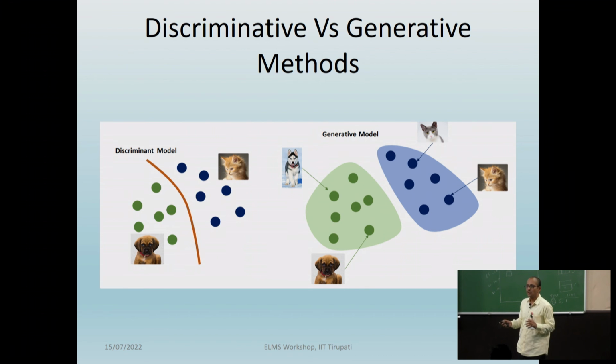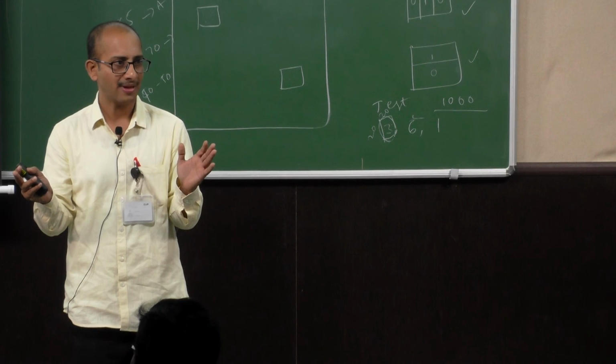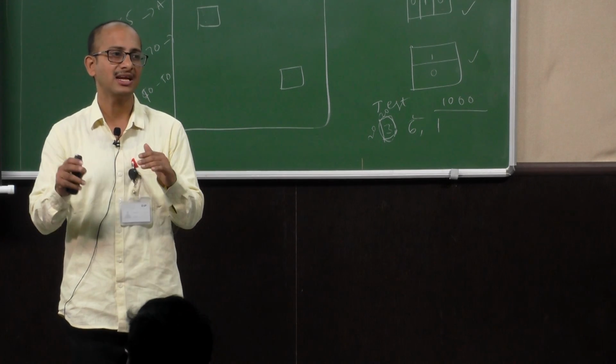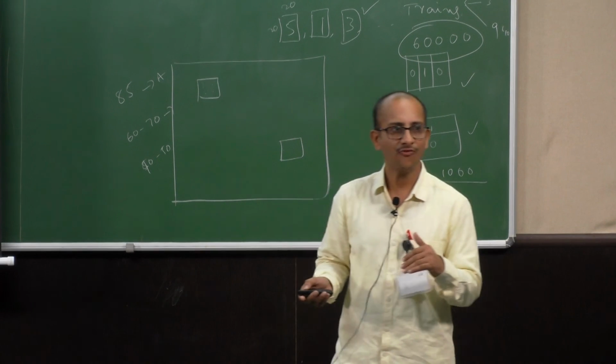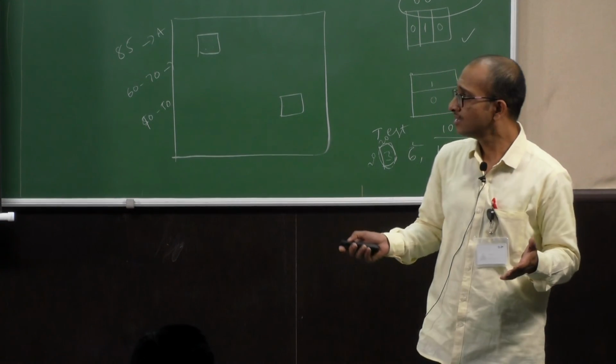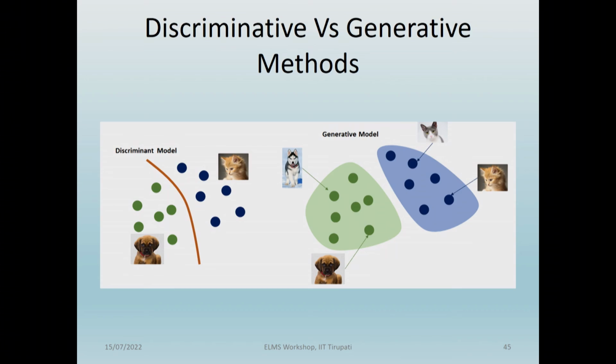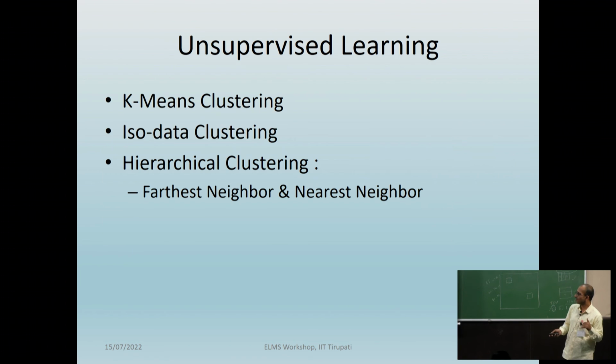Some other methods try to model them through a probability distribution, as we mentioned at the beginning, and use those probability distributions to put thresholds or demarcations. So by the nature of the methods that are developed, these supervised methods differ as either discriminative or generative.